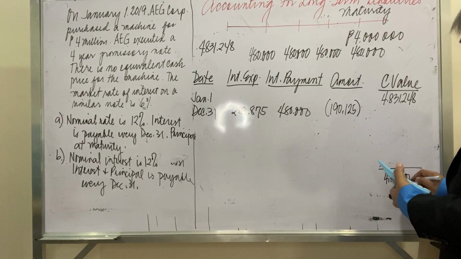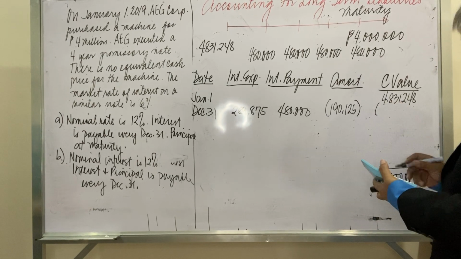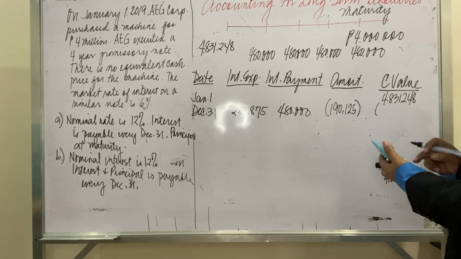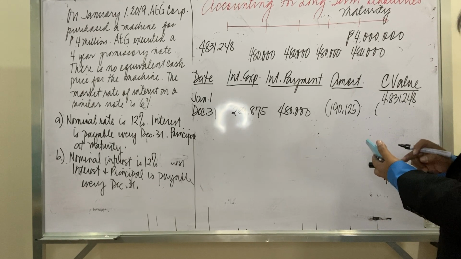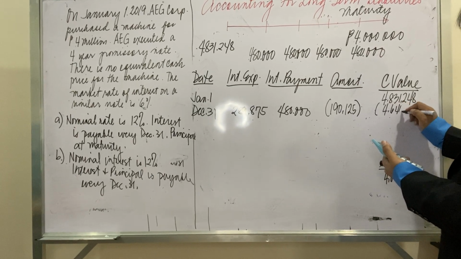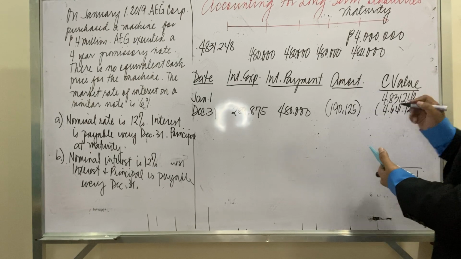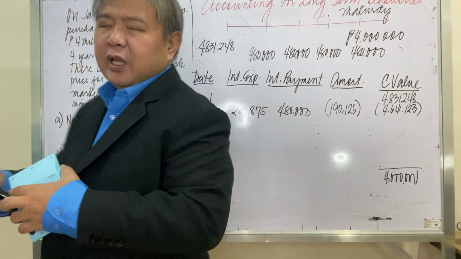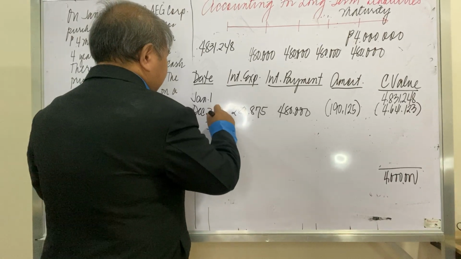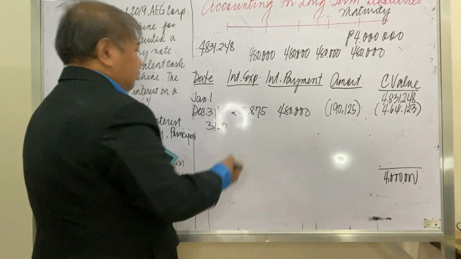So our amortization will decrease the obligation. So that's 4,831,248 minus 190,125, which is 4,641,123.